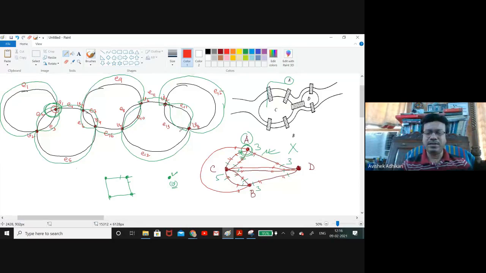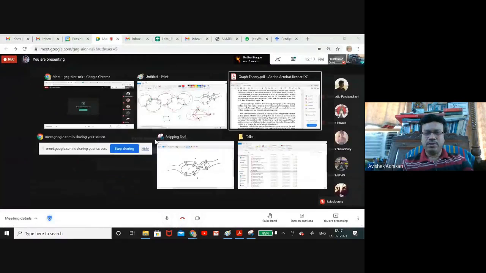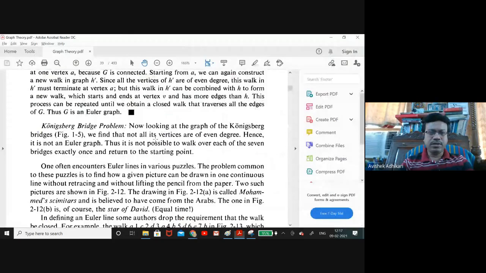Try to incorporate some extra edge, and then you find that still some things are left. So it's not possible, and you have to introduce one more edge to get the answer. Okay, so let us now come to the next problem.